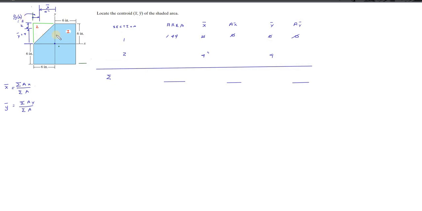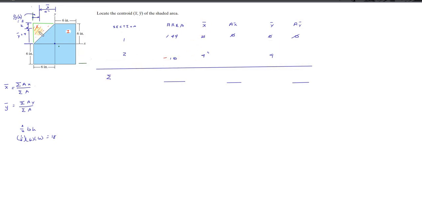Now the area, we know the area of a triangle is 1/2 base times height, so 6 times 6 times 1/2 is equal to 18. So our area is 18. Well, let me go back one second. This section here is something that we're subtracting out, so this area is going to be negative.